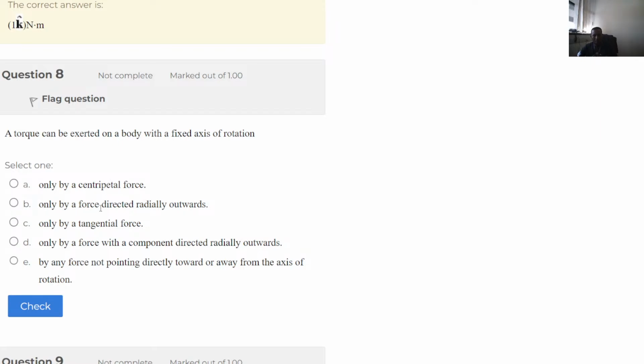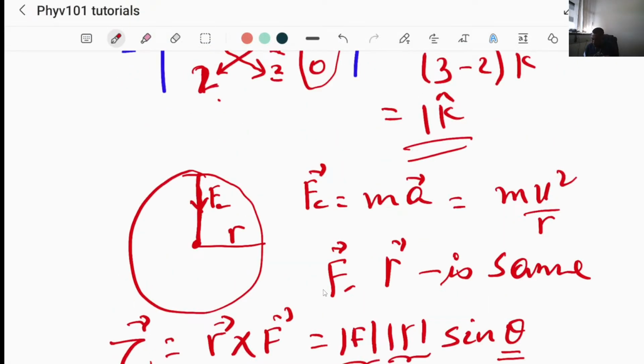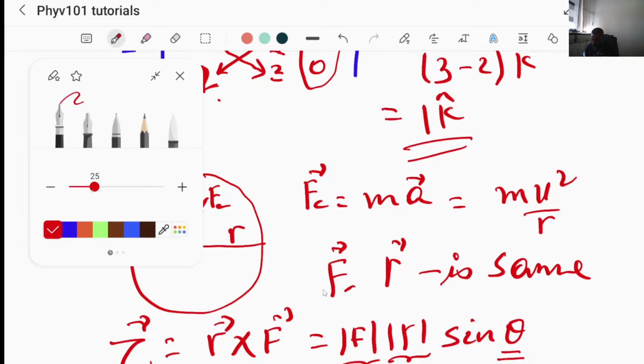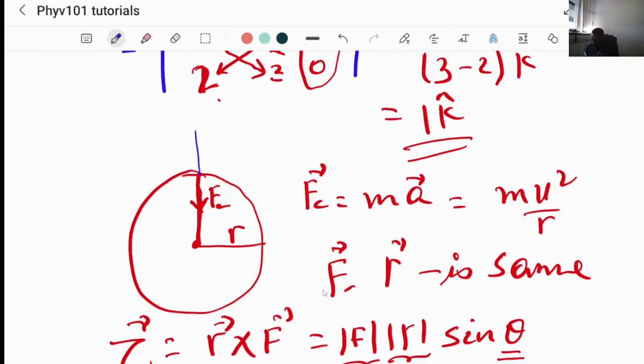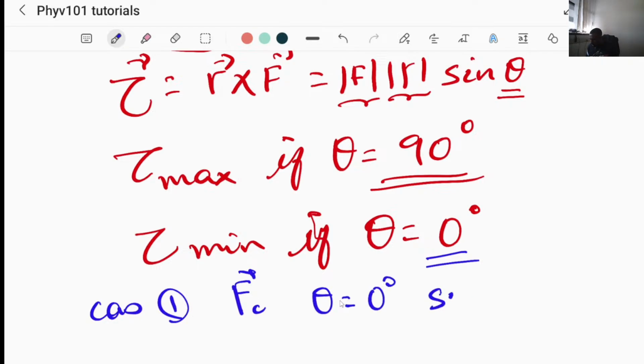Choice 2 says only by a force directed radially outward. This is the opposite of that one, the centrifugal force. Radially out means the force is outward. In case 1, the centripetal force, theta is 0 degrees, sine 0 degrees is 0, therefore torque is minimum.